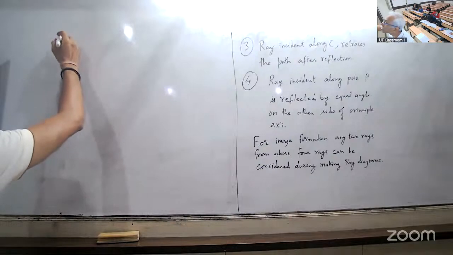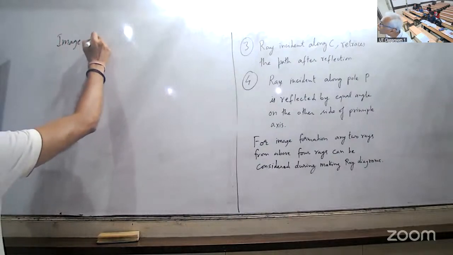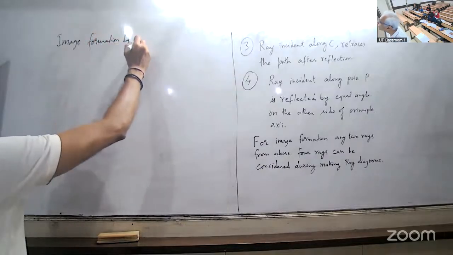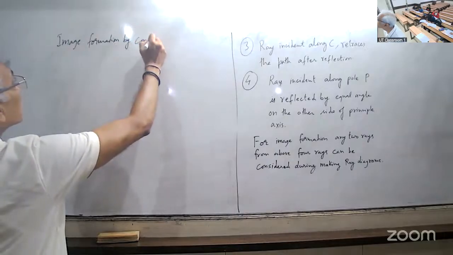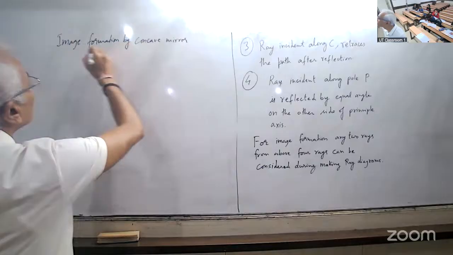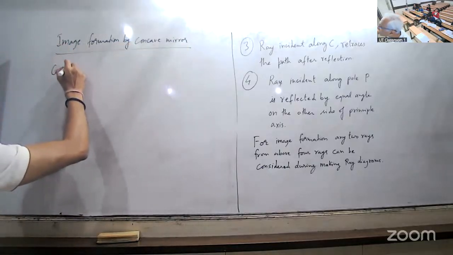अब हम अलग अलग ऑब्जेक्ट पोजीशन के लिए, सो इमेज फॉर्मेशन बाय concave mirror. Case 1.